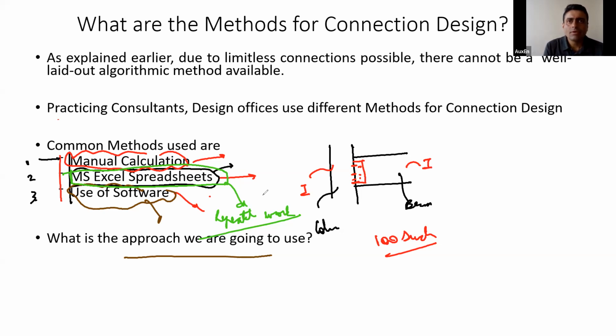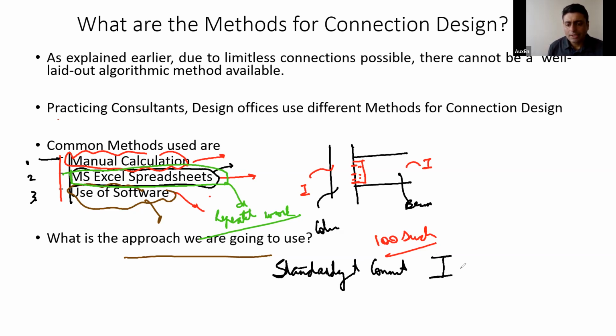Let's say if you are an engineer in some PEB company. In PEB companies, they have standardized connections, right? In pre-engineered building companies, they have some standardized connection types. Standardized connections means they have predefined that this is the connection that we are going to provide.